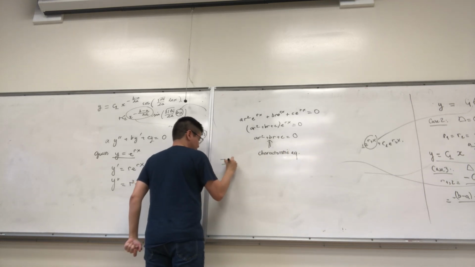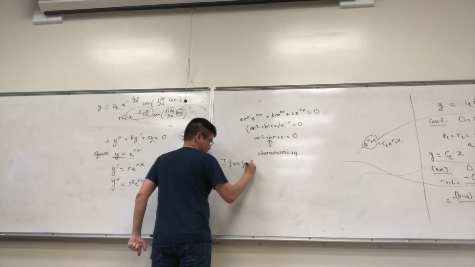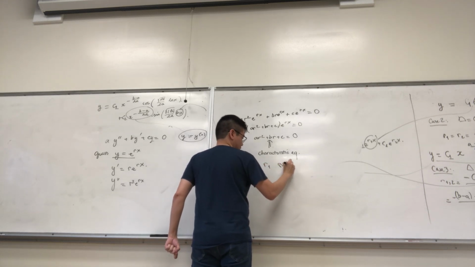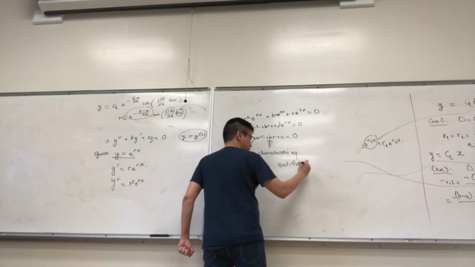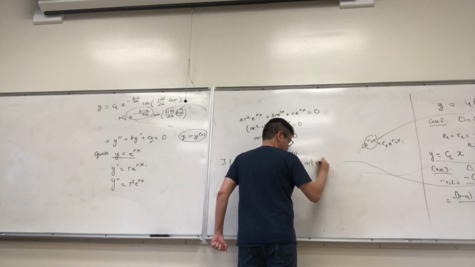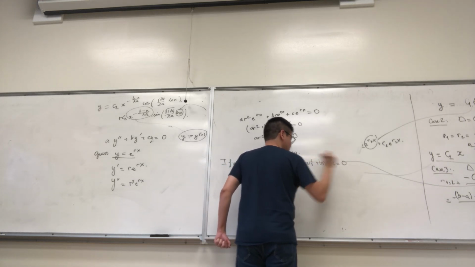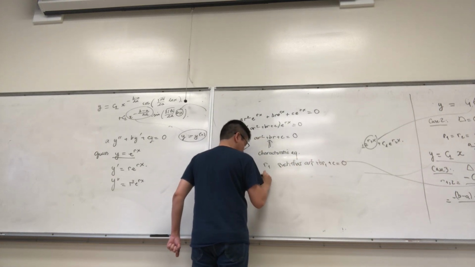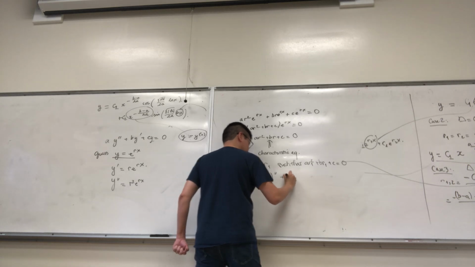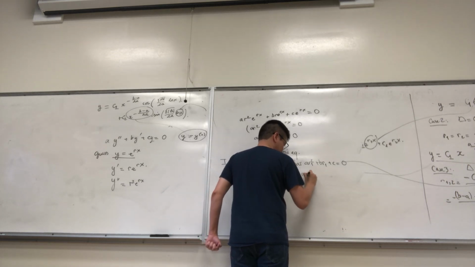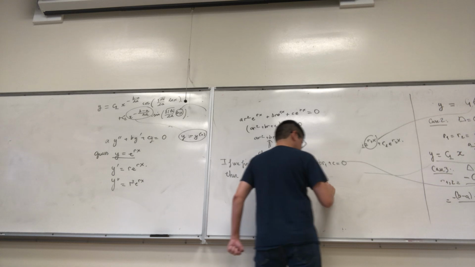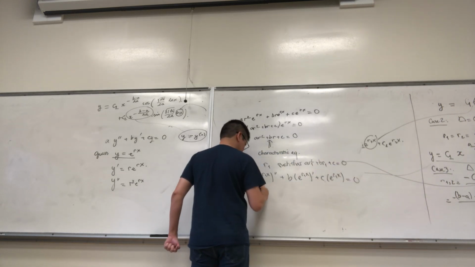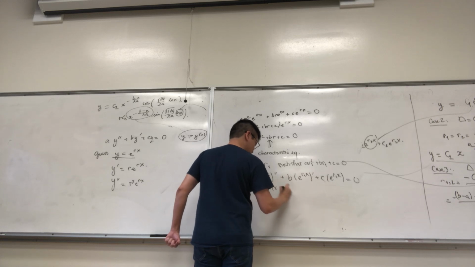And if we can find R1 such that a R1 squared plus b R1 plus c is 0, then a (e to the R1x) second plus b (e to the R1x) prime plus c e to the R1x is 0, which means that e to the R1x is a solution.